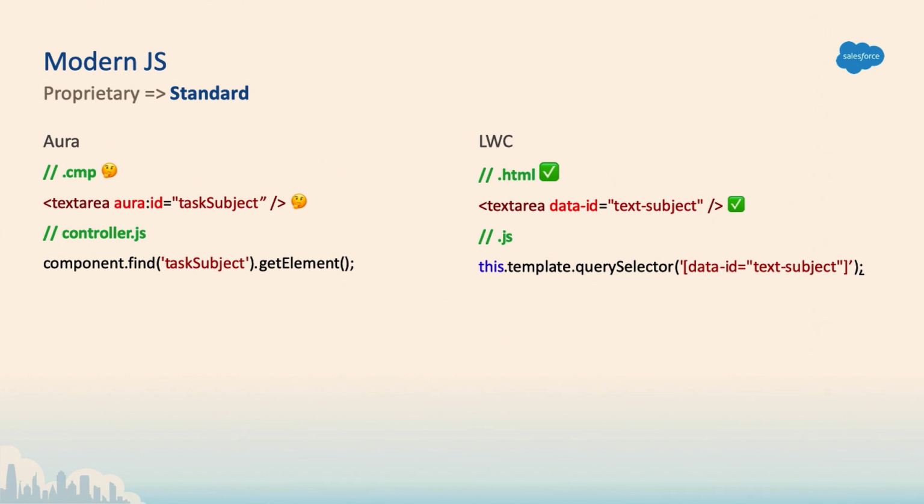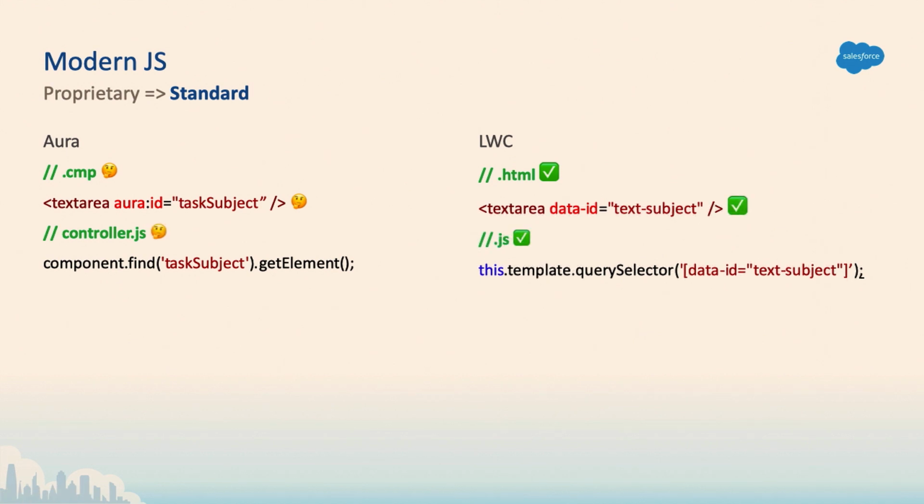Then if I want to actually get that DOM element, I'm going to need to do it in either the controller or the helper, or maybe the renderer. These files have their own distinct names, and they need to be called controller.js. Now we just have a JS file where we do all of our JavaScript.